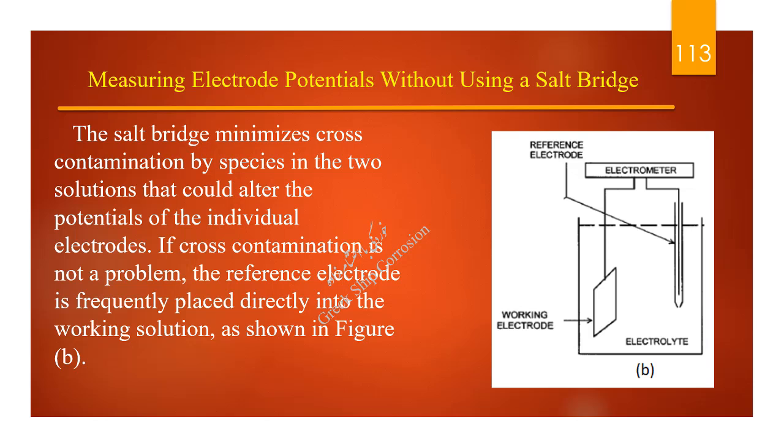The salt bridge minimizes cross-contamination by species in the two solutions that could alter the potentials of the individual electrodes. If cross-contamination is not a problem, the reference electrode is frequently placed directly into the working solution, as shown in Figure B.